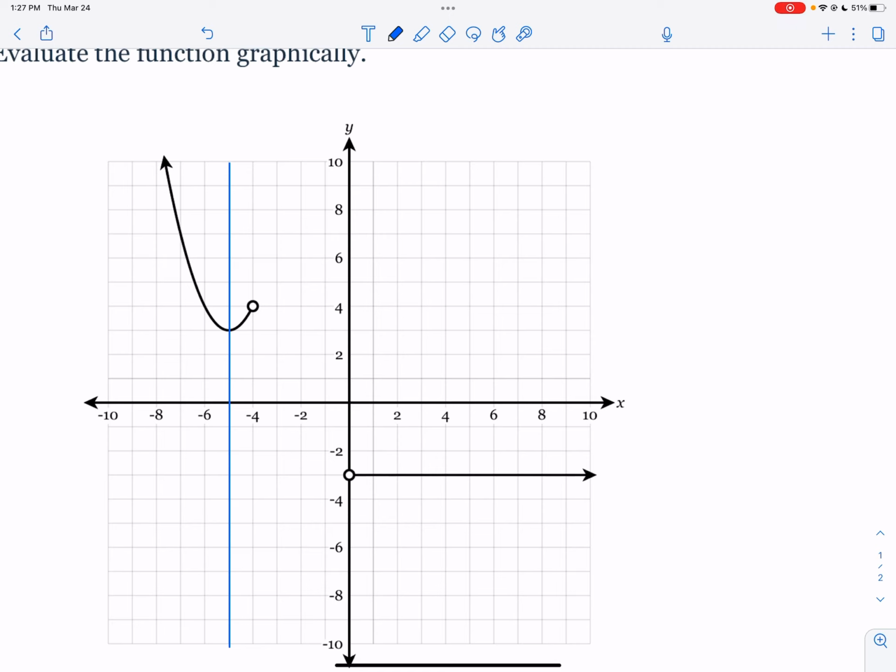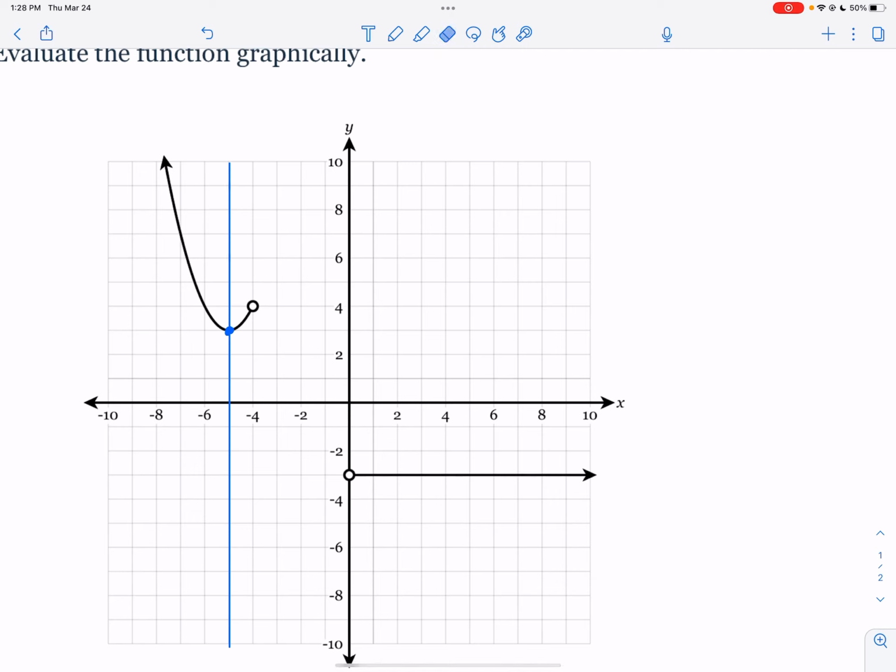Drawing the line, x equals -5, notice every single point on that line has a value of -5 for x. So right here, this is x equals -5, y equals 9. This is x equals -5, y equals 6. This is x equals -5, y equals 3, and so on.